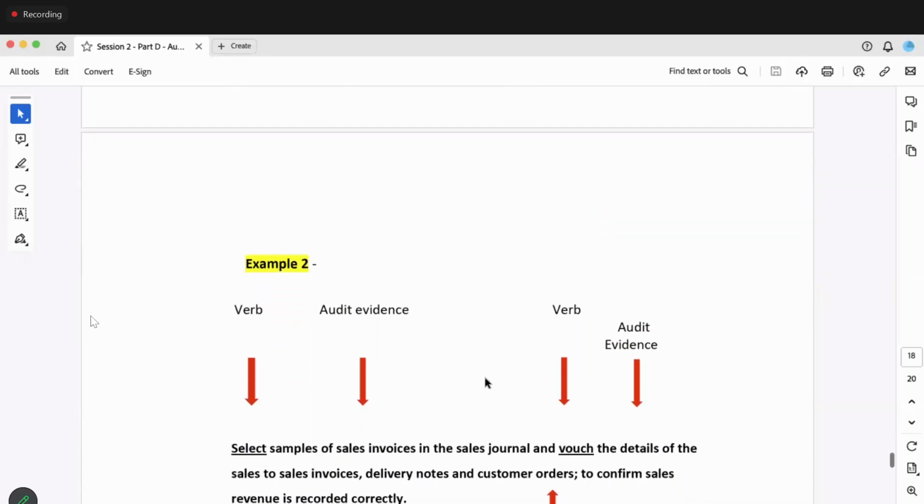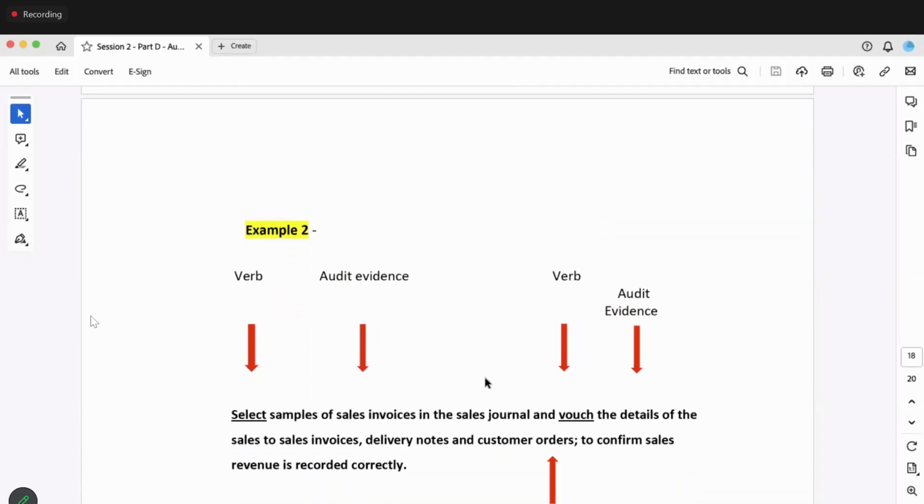Let me give you something a little bit more complicated. Verb: you select samples. So this is a sampling audit procedure. Sample on what? Sales invoices. So this is your source, sales journals, and then proceed with the next action, which is you vouch the details to confirm whether there is delivery or not.